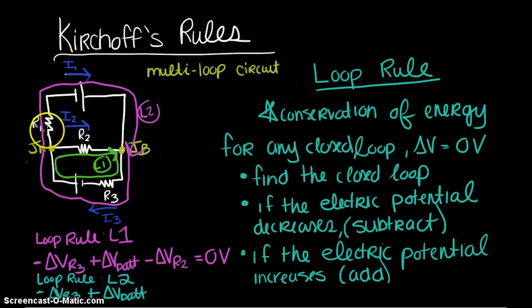Now we're going to go up this branch. Okay, we need the delta V across R1. We know that the electric potential will decrease as a result of going through the resistor, so let's subtract delta V R1. We'll go through the top battery, so that's going to be an addition, delta V top battery. Coming back down, and we're back where we started, so equals 0 volts.